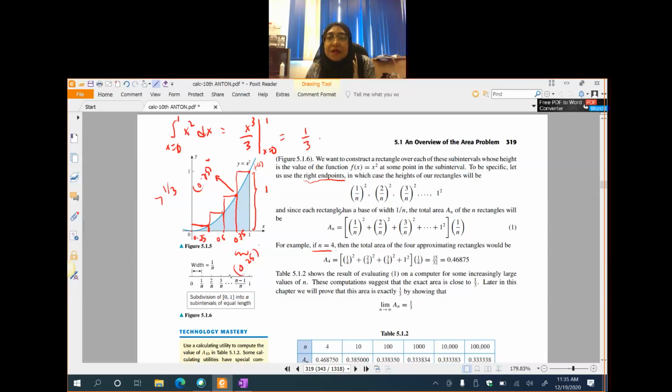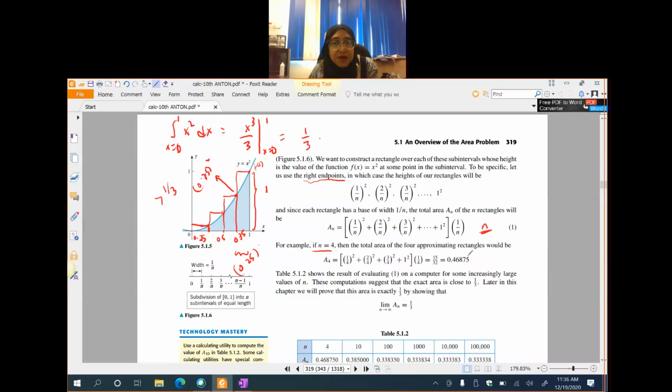So this is the general formula for the general n, and then you can specify the value of n later on. For n equal to 4, generalized from here, it will be this one. And if you sum up, since the purpose is to find the summation of the areas of the rectangles, you will get 0.46875.